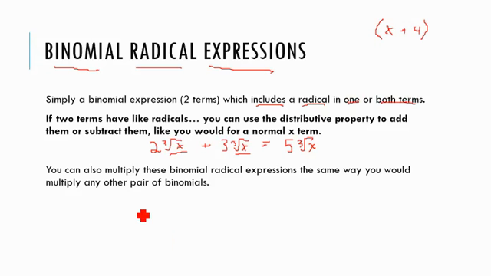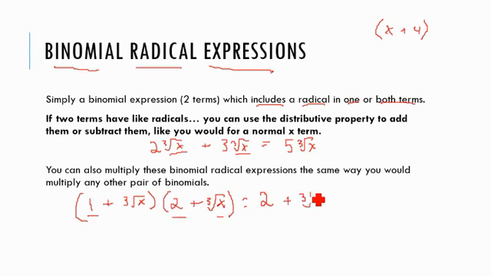I could also multiply. So if I had 1 plus the cube root of x times 2 plus the cube root of x, I could multiply those together. Just like I would multiply two binomials, take the first term, multiply it by the two terms in the other binomial. So I get 2 plus cube root of x, and I take the second term and I multiply it by both terms in the other binomial.